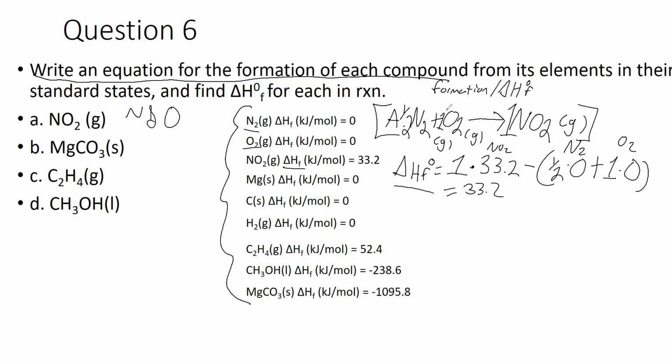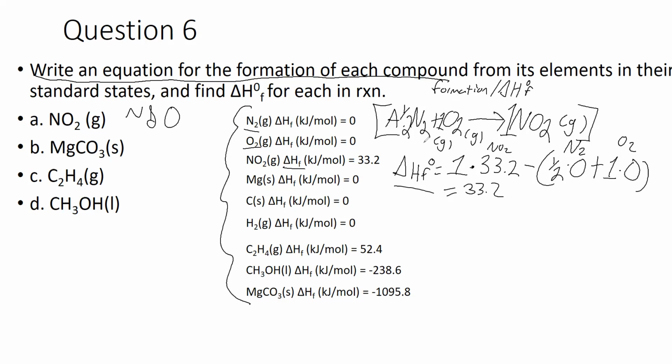Why can't we just balance it like normal? Because we are creating NO2, right? Since you're doing a formation, you want to know how much heat is released or absorbed for every 1 mole of NO2 that you make. So that's in the definition of this problem. You're making 1 mole of NO2. Therefore, you have to keep it as 1 mole of NO2.